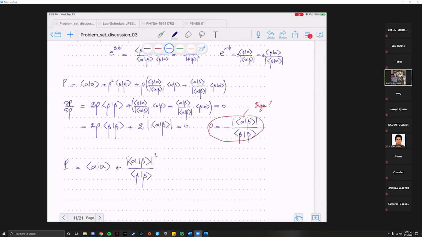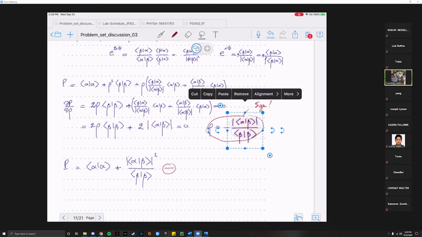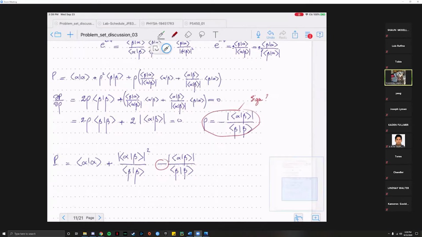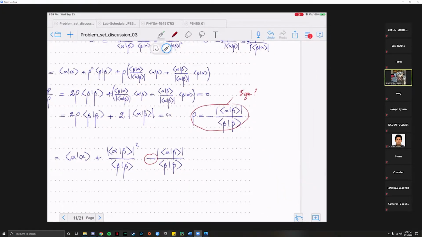So then I would have minus. Let's see what happens with this minus sign. Maybe I can circle it with red, since we have this doubt about it. And I can just write this here. And this, we said, is just the magnitude of alpha beta, right? So I have magnitude of alpha beta.